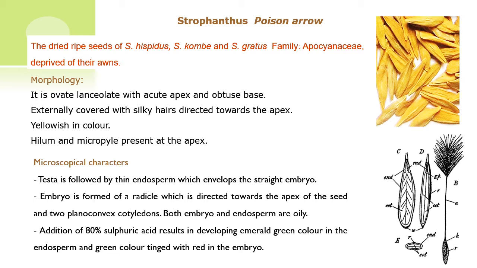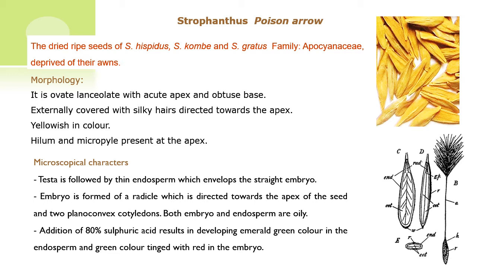Microscopically, the seed is composed of two cotyledons and radicle situated in the narrow part of the seed, and a narrow testa. A section perpendicular to the surface of the seed shows two cotyledons and the radicle in the narrow part.